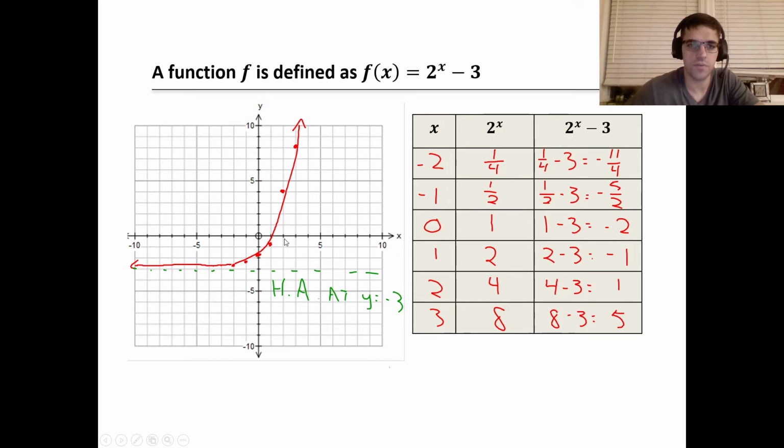I can get the right side of the curve. And now the left side of the curve, I know, since when I go left, I'm instead of multiplying by 2, dividing by 2 every time. So I'm just going to cut the distance in half each x value I go to the left.